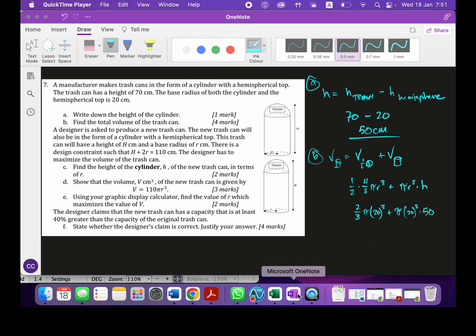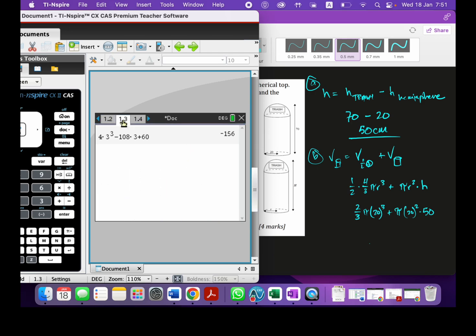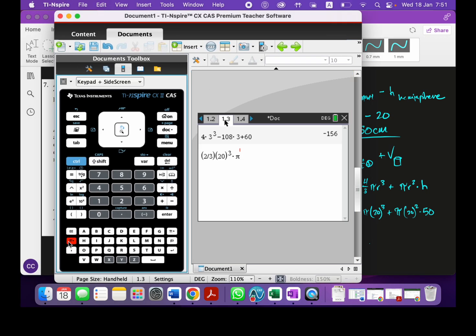And again, there is no reason to do this without our calculator. So let us, there's a calculator page. All right, so 2/3 times 20 cubed times pi. Again, if you need to find the pi button, it's here, and then you just click there.